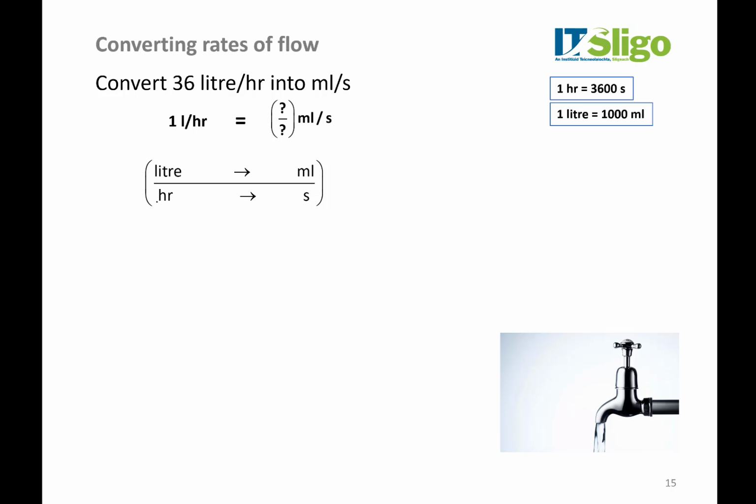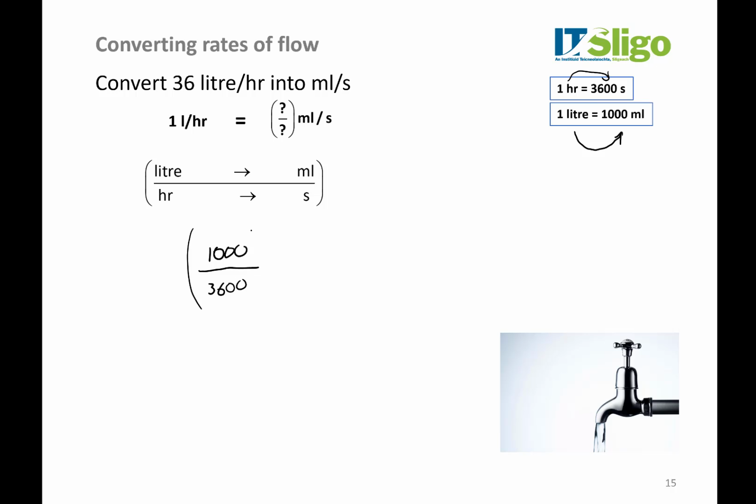We're converting liters per hour into mils per second. So we need a conversion factor for the top, and we need a conversion factor for the bottom. Liters into mils, we can see the conversion factor is 1,000. Hours into seconds, again we're going with the conversion.